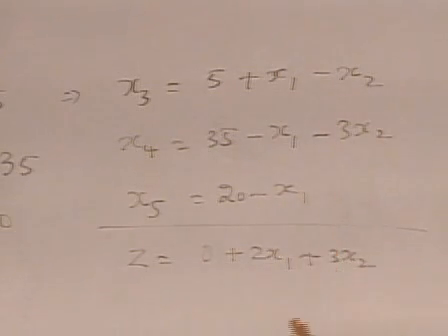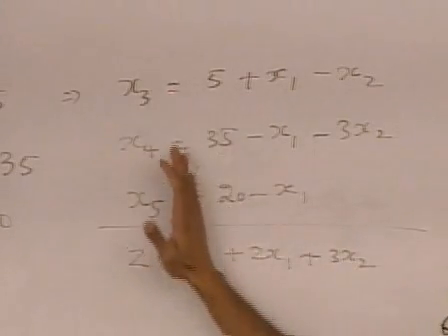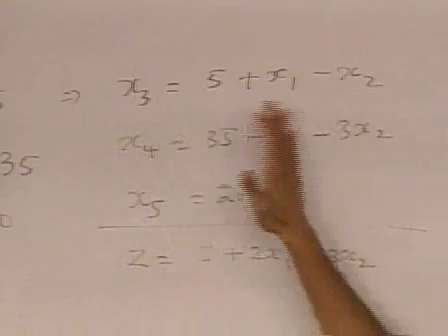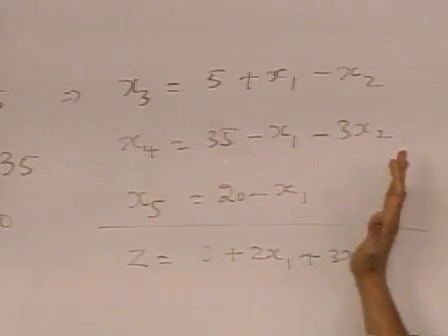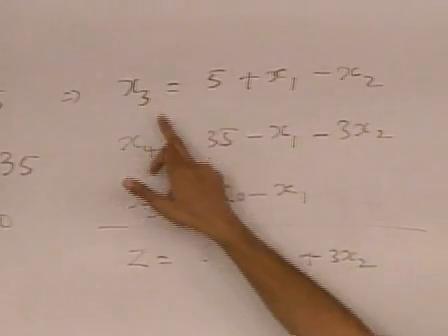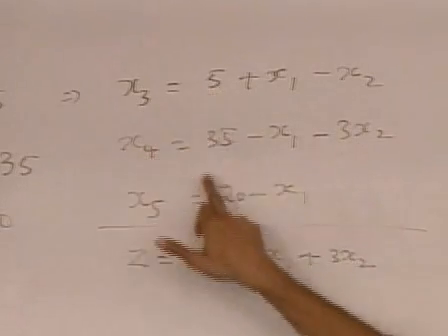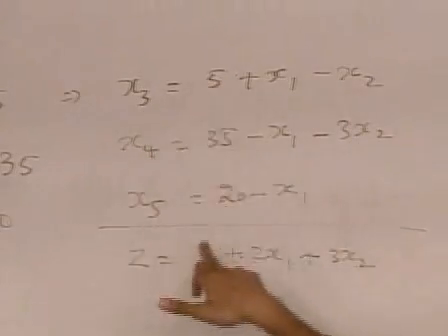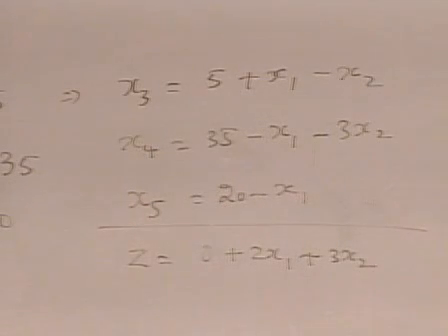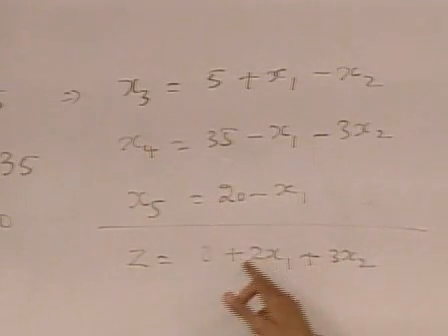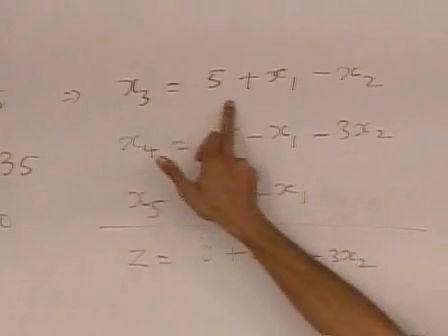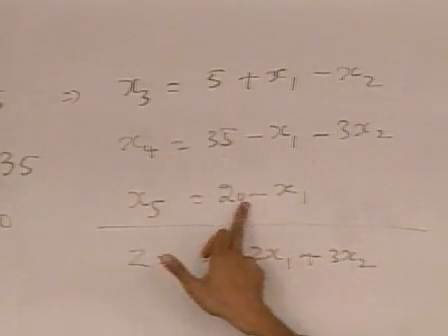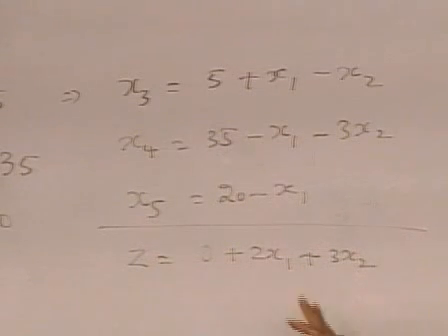So from here on, we'll assume that any variables to the right of this equation are set to 0. And you can read off the current solution just by looking at these numbers. And starting from this particular solution, which is x3 equals 5, x4 equals 35, and so on, we want to now move to a different solution.